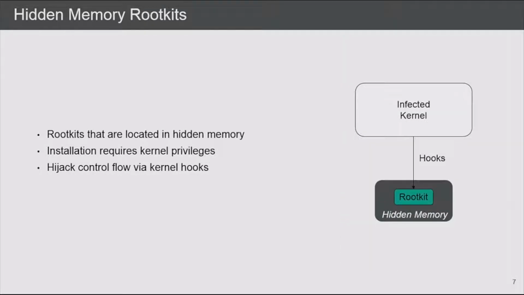So back to our hidden memory rootkits. As the name may suggest, these are simply rootkits that are located in hidden memory. And they typically hijack control flow via installation of conventional hooks.